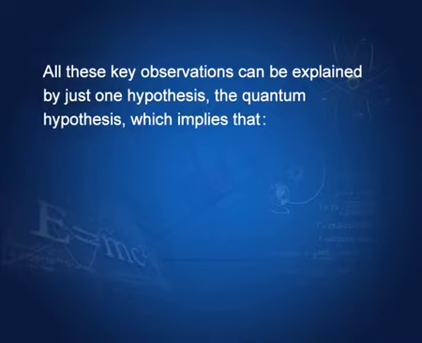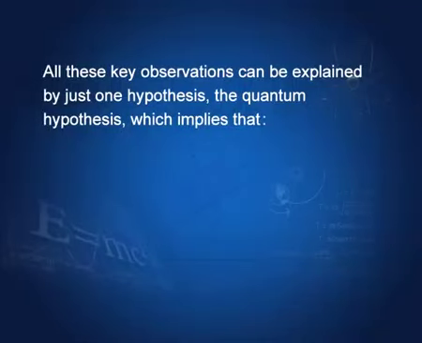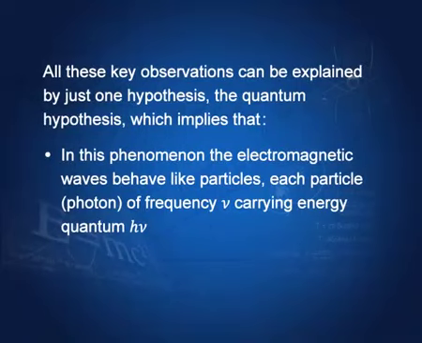So, all these key observations can be explained by just one hypothesis, and that is called the quantum hypothesis. What is the hypothesis? In this phenomenon, that is in the photoelectron emission, the electromagnetic waves behave like particles.